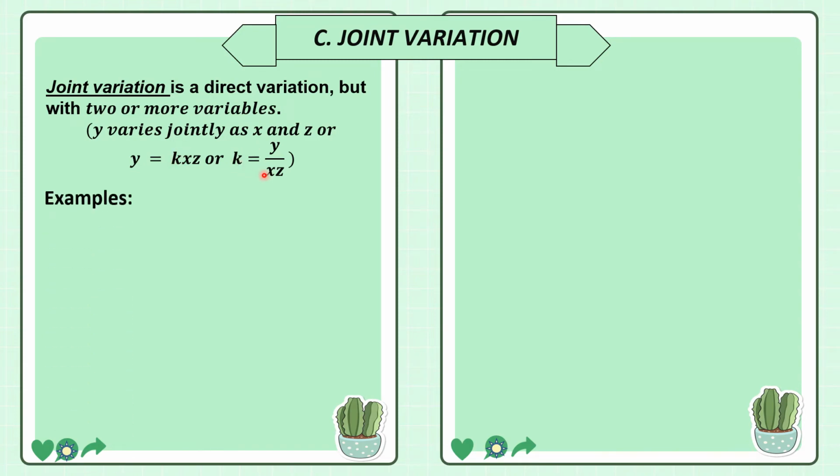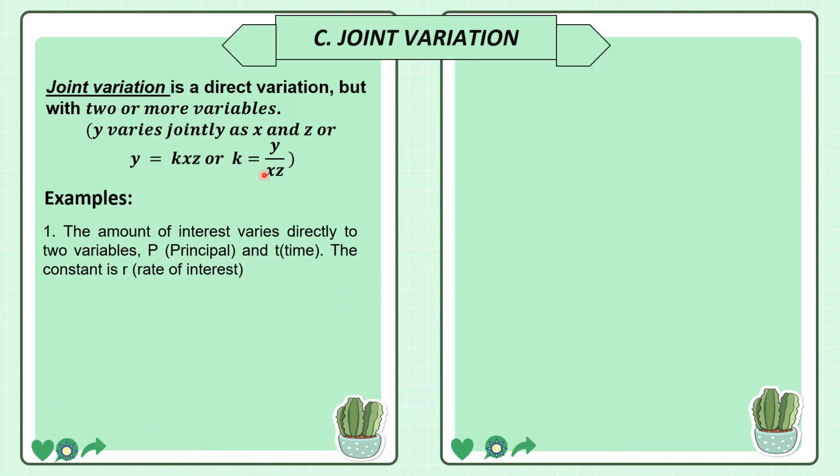So, we have here different examples of what joint variation is. Number one, the amount of interest varies directly to two variables, P, which is the principal, and T for the time. The constant is R, the rate of interest.